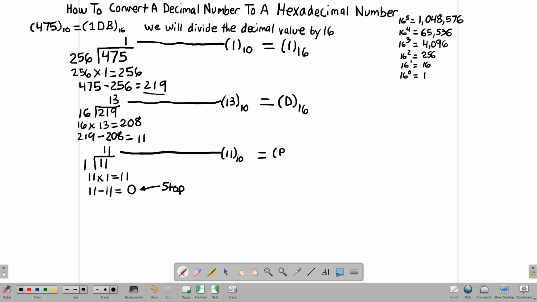In hexadecimal it is represented by the value B. And thus this shows we have the value 475 in decimal is represented in hexadecimal by the value 1DB. And this is what we wanted to show.